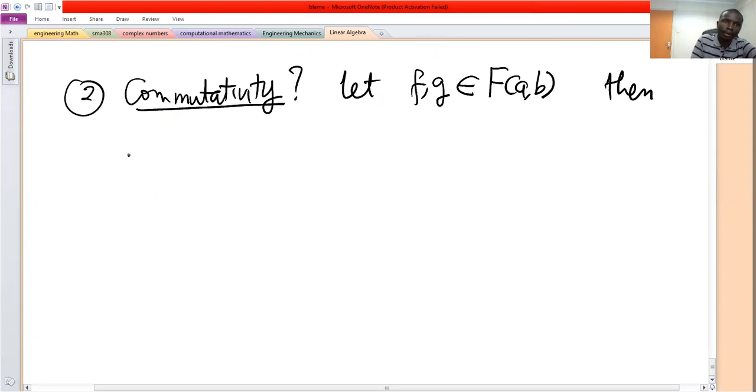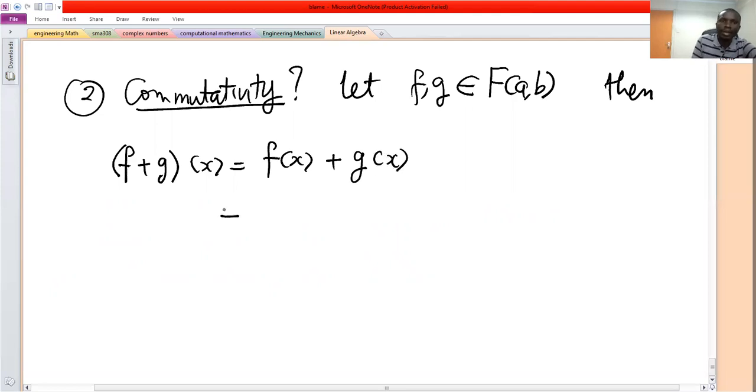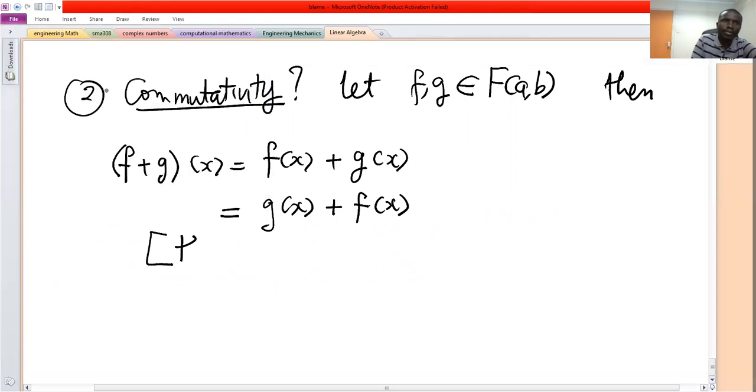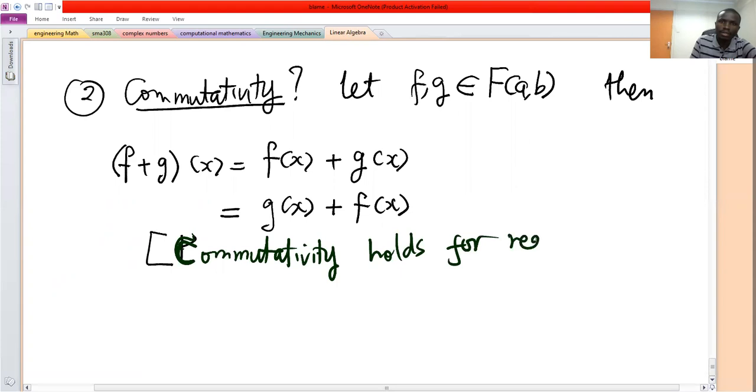Then F plus G is defined as F of X plus G of X. And then we can write this one as G of X plus F of X. The reason is that commutativity holds for real numbers.